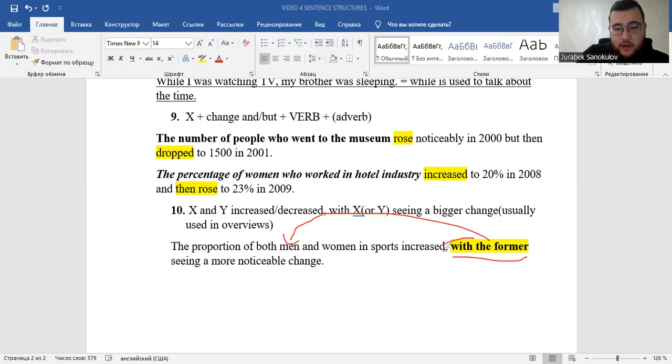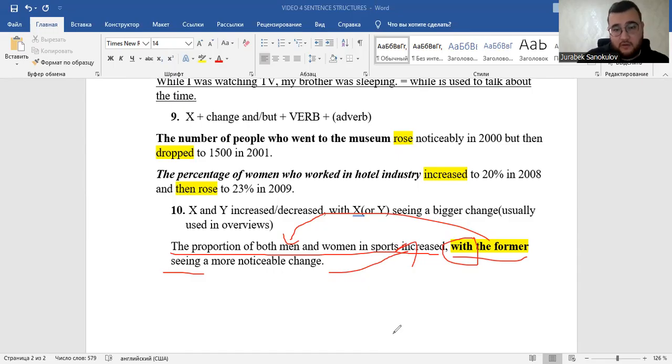So when you use the with sentence structure, you need to use a gerund as, let's just say, the main verb in the sentence. So you start with the first sentence, just a very simple sentence: the proportion of both men and women in sports increased, with the former seeing a more noticeable change. So change basically refers to increase here.